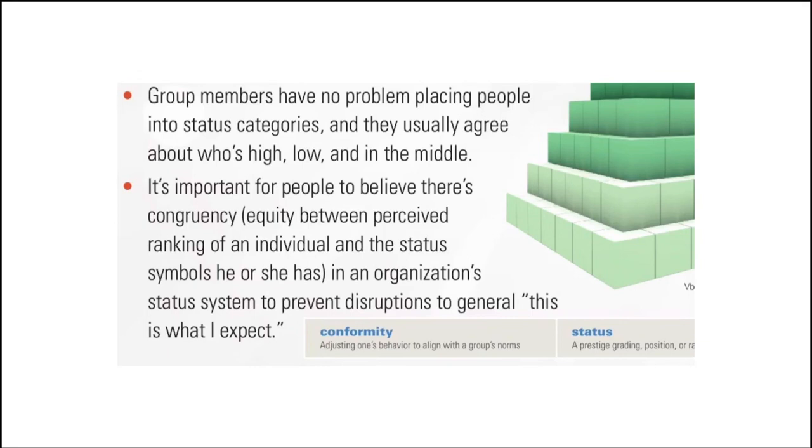Okay, so group members have no problem placing people into status categories, and they usually agree about who's high, low and in the middle. Professionally speaking, the assignment of status, this hierarchy, is usually hard to argue, unless the people in the organisation, culturally speaking, have low power tolerance.